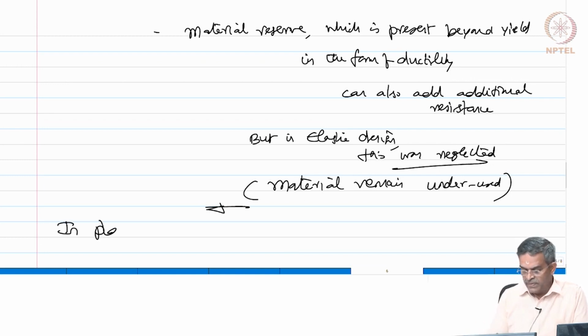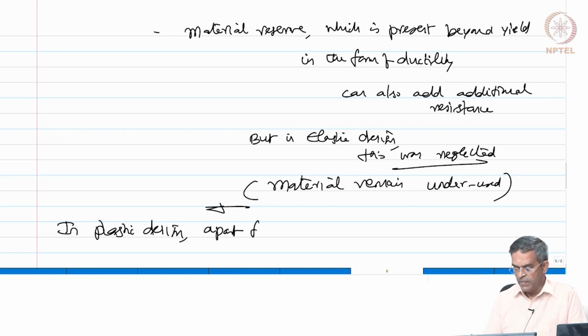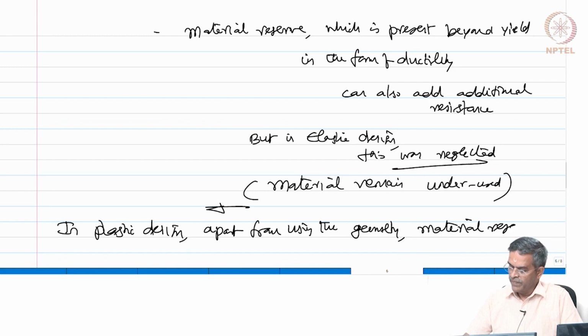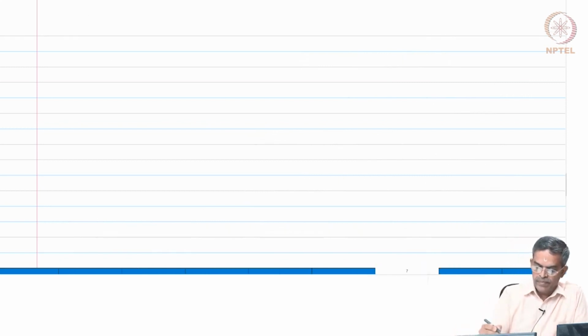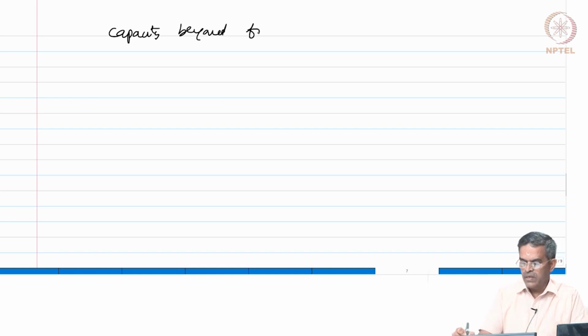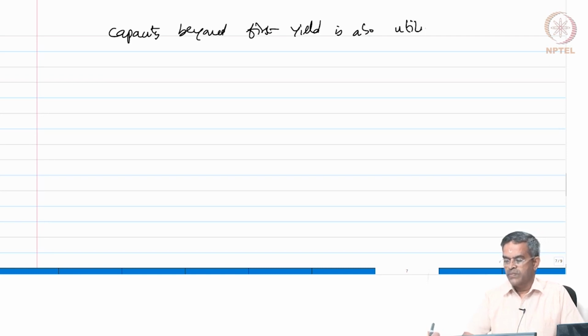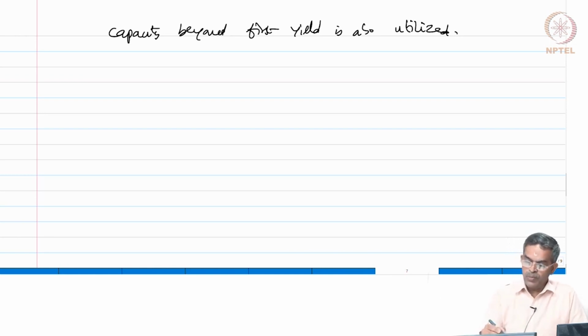So, in plastic design, apart from using the geometry, material reserve capacity beyond first yield is also utilized. Okay. And let me also put a mark here.